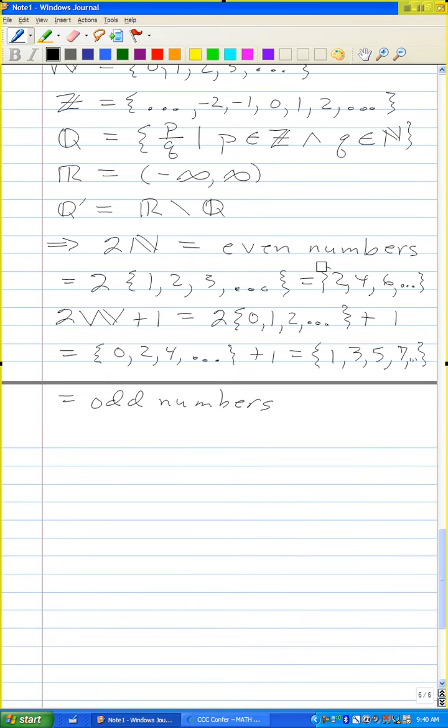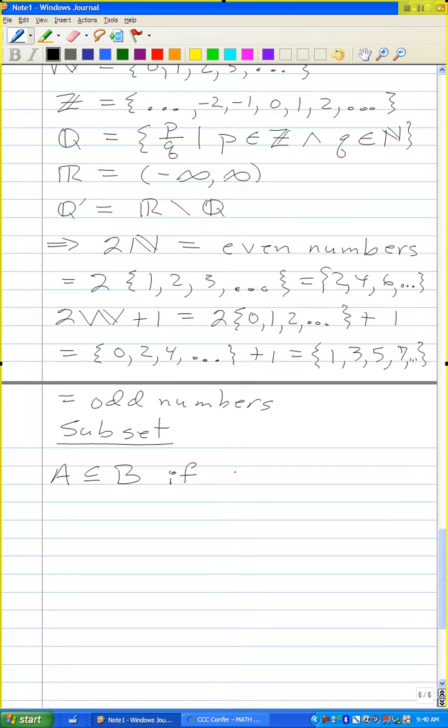Okay, so let's see. Subsets. Let A and B be sets. I'll denote the fact that A is a subset of B, and this is defined as follows.